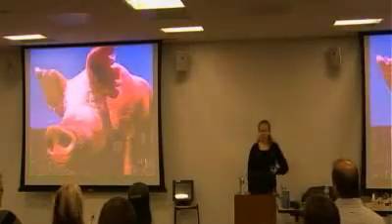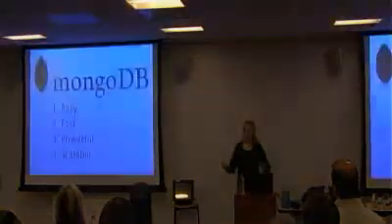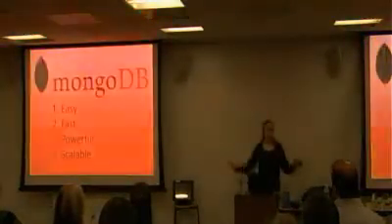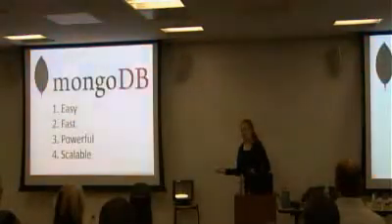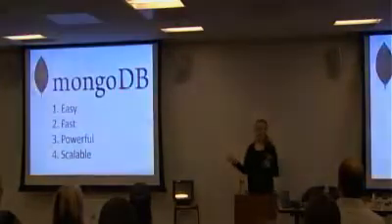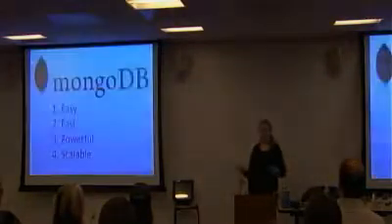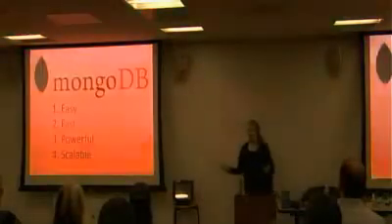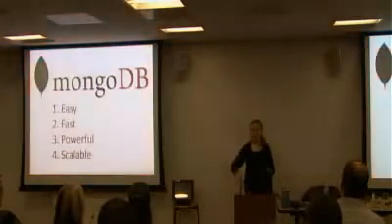So MongoDB is trying to solve this problem by making it easy. Easy to learn, easy to use, easy to map your data structure right into the database and get it right back out again without smushing it all around. We're also trying to make something that's fast. There are all these protections, with transactions and the schema thing that MySQL gives you, that we just kind of threw out the window.